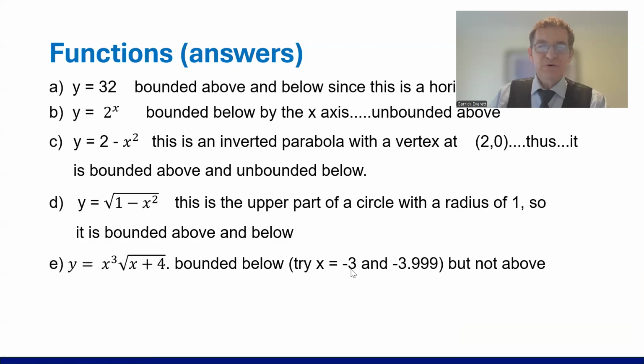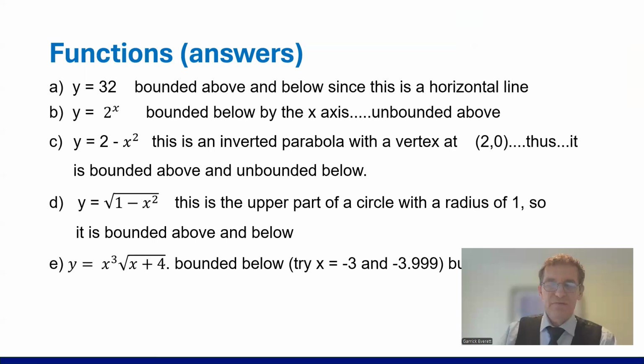If you try x equals minus 3, that'll give you a 1 in there, and x equals minus 3.999. You might get to see how that graph actually skews a bit as it goes in between minus 3 and minus 3.99, but it's not bounded above because that x cubed goes up exponentially. Okay, so just some simple ones there.